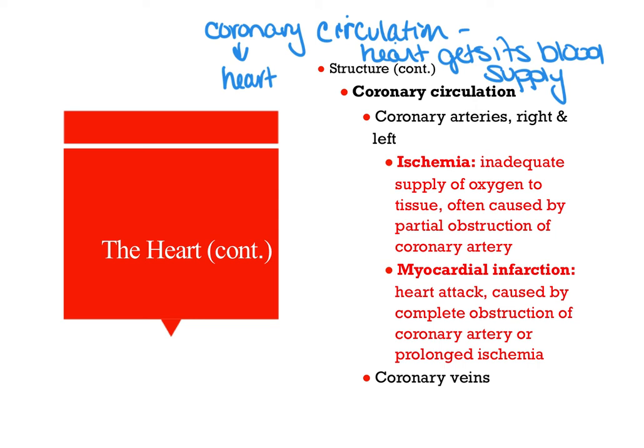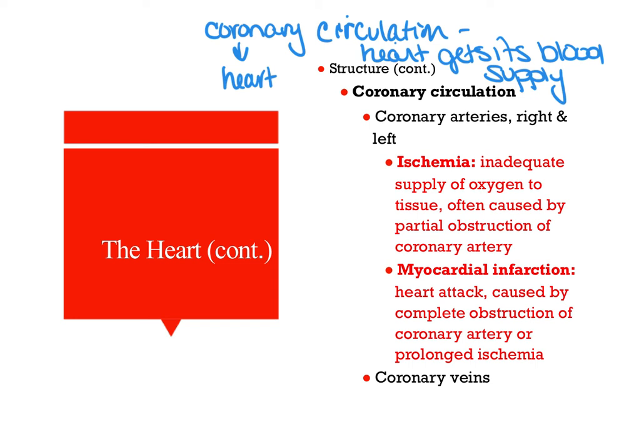So, two conditions that you need to know that have to do with the heart. The first is ischemia. It is an inadequate supply of oxygen to tissue, often caused by partial obstruction of a coronary artery. If our tissue cells are not getting that oxygenated blood with the nutrients, they die.